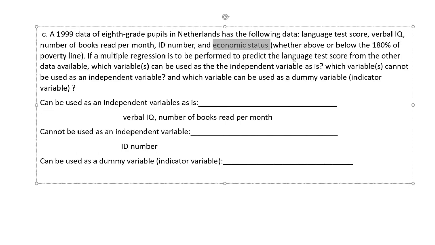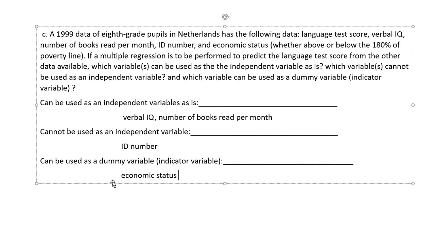However, you can use something called a dummy variable or indicator variable to put that in as one of the inputs, because you would think that maybe people with higher economic status have more access to the library and other things, so they might have a better chance of achieving a higher language test score, right? So you do want to include this.